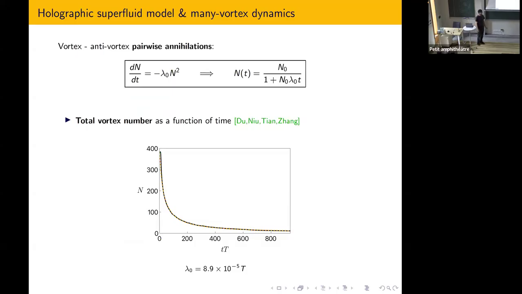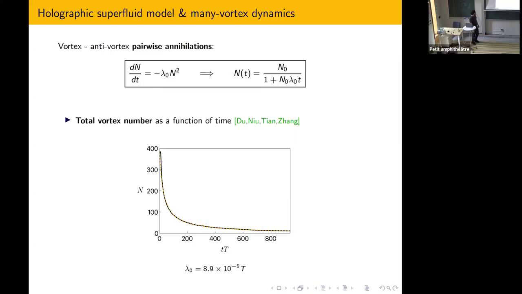As we saw in the movie we just discussed, basically the interaction is pairwise vortex-anti-vortex annihilation. This motivates some phenomenological equation for the total number of vortices, which is a differential equation of the form shown there. And it leads to a time profile for the total number of vortices.